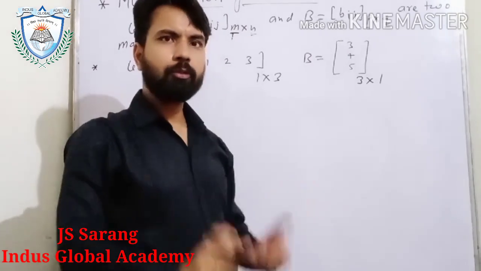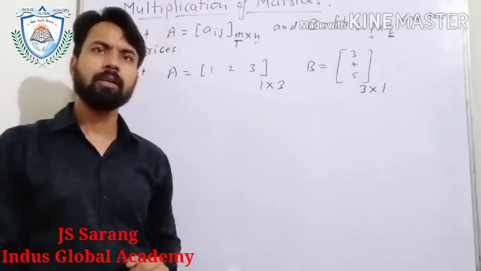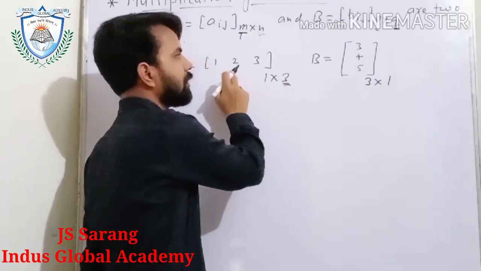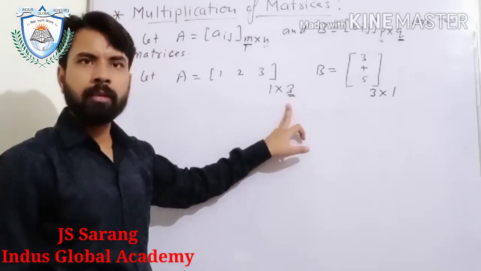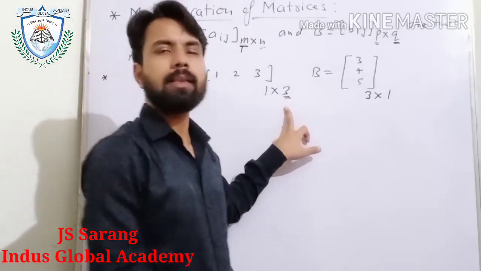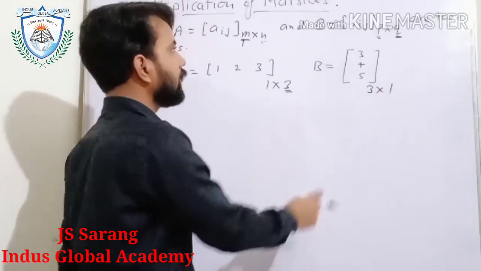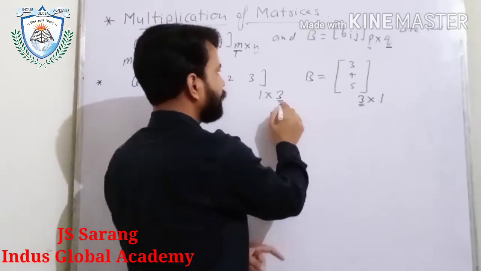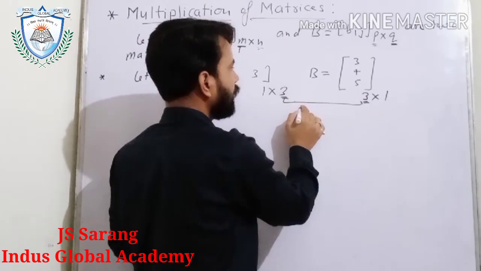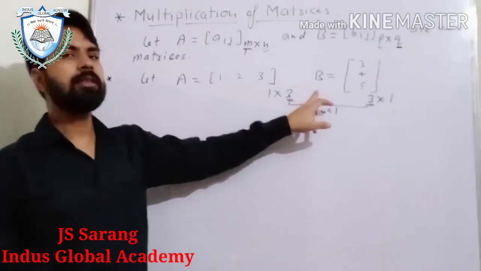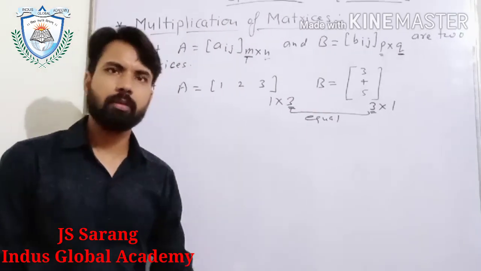Clear? Now we have to check whether their multiplication is possible or not. So what I told you is the number of columns in the first matrix, that is 3, must be equal to the number of rows in the second matrix. So what is the number of rows in the second matrix? 3. So both are the same. They both are equal. So multiplication of these two matrices is possible.